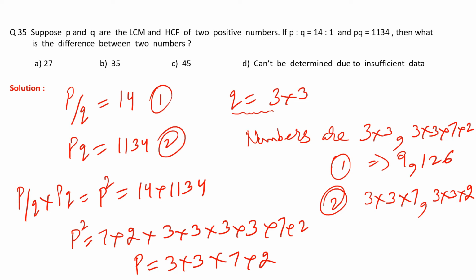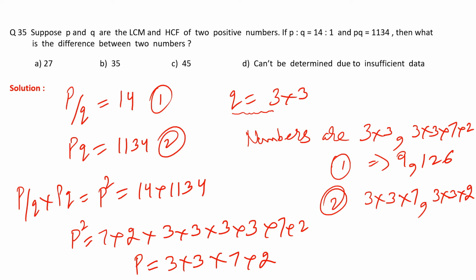Why? Because 3 into 3 has to be present in both the numbers because it's the highest common factor, HCF. And since the LCM is 3 into 3 into 7 into 2, that means exactly one number must contain 7 and the other number must contain 2.